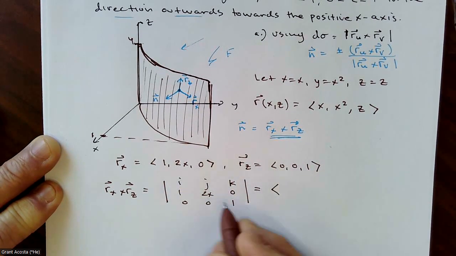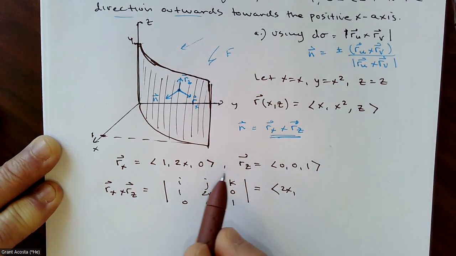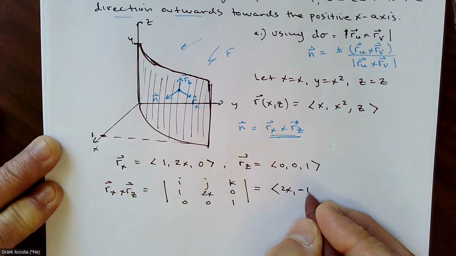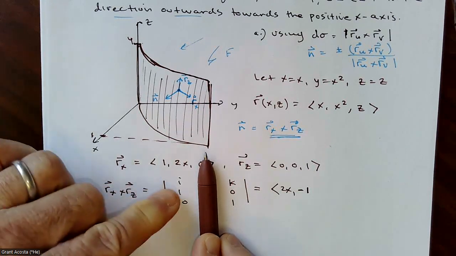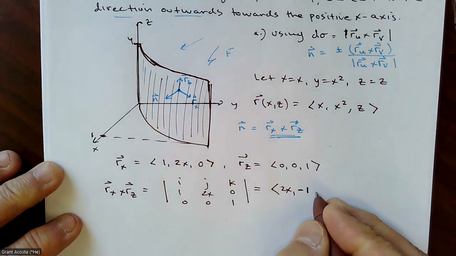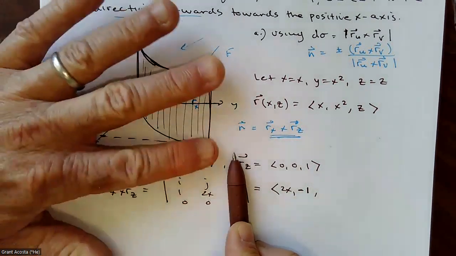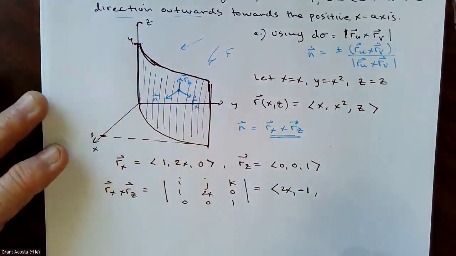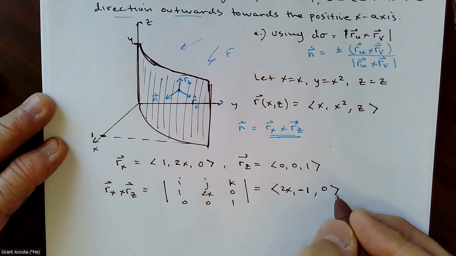Block out the i and j, I'm going to get 2x minus 1, right? Because of the negative that you automatically put there, it's 1 minus 0. And then for my k component, 0 minus 0. So it's just 2x, negative 1, 0.